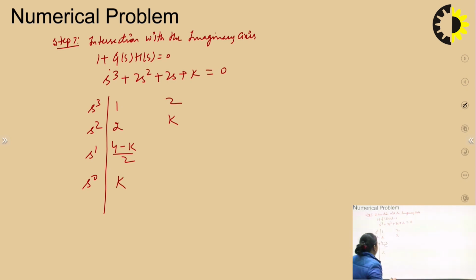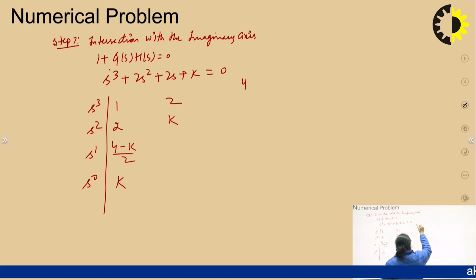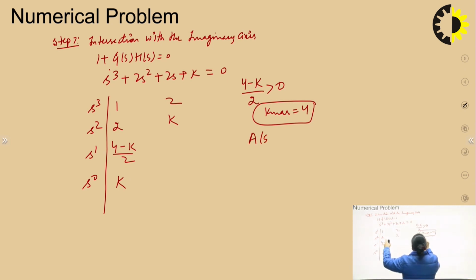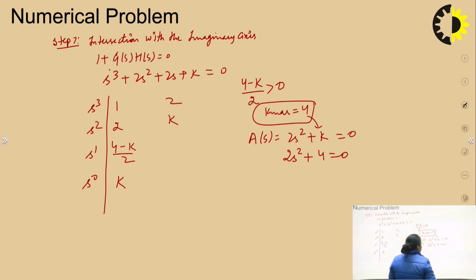So from here I can see that the marginal value of K requires 4 minus K upon 2 to be greater than 0. So the marginal value of K is equal to 4. When I put this value 4 in, the auxiliary equation is 2s square plus K, so 2s square plus 4 equals 0.